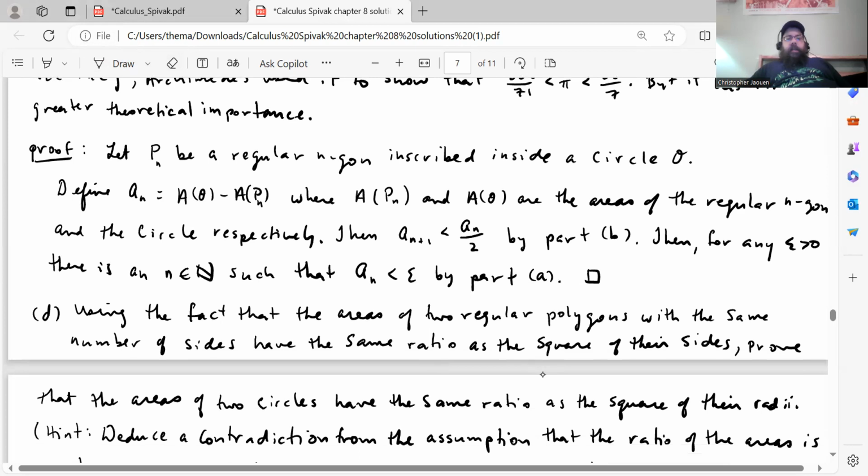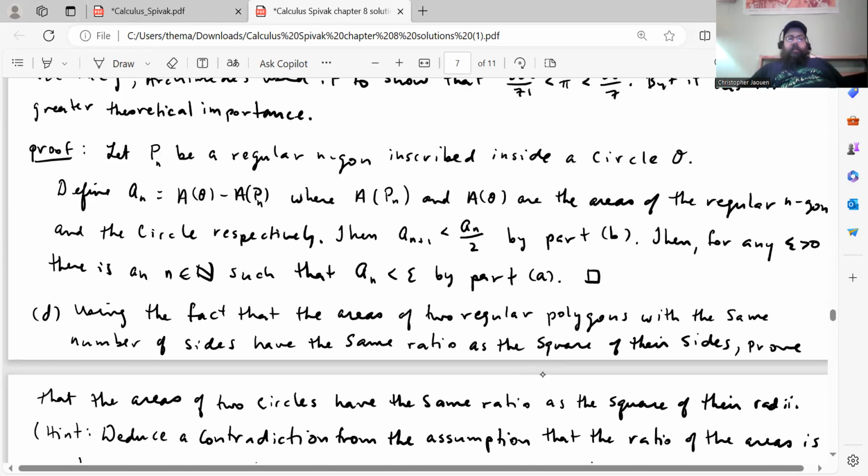Okay, so let Pn be a regular n-gon inscribed inside a circle, which I'm calling theta. Define An to be the area of theta minus the area of the regular n-gon Pn, where A of Pn and A of theta are the areas of the regular n-gon and the circle respectively. Then A(n+1) is less than An/2 by part B. That's what we just proved in the previous part.